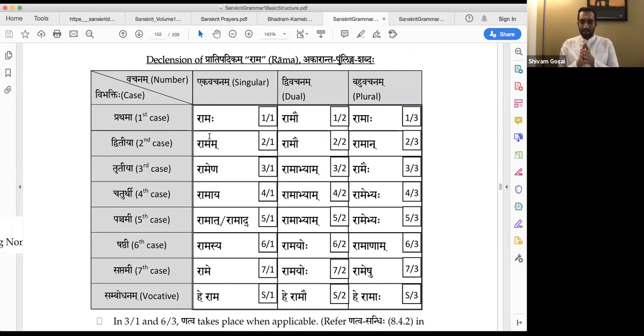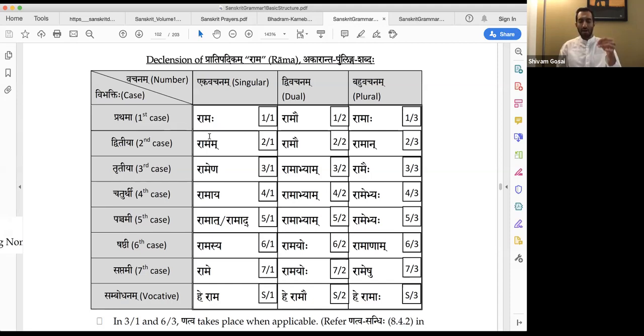So let's start from the beginning, okay? Ready? You can chant with me. Ramaha, Ramo, Ramaha. Again, one more time. Ramaha, Ramo, Ramaha. Second case. Ramam, Ramo, Raman. Again.